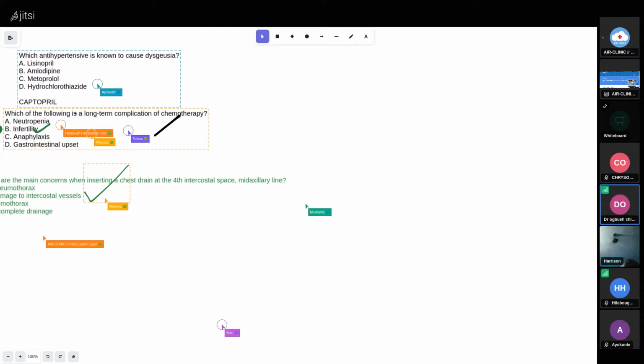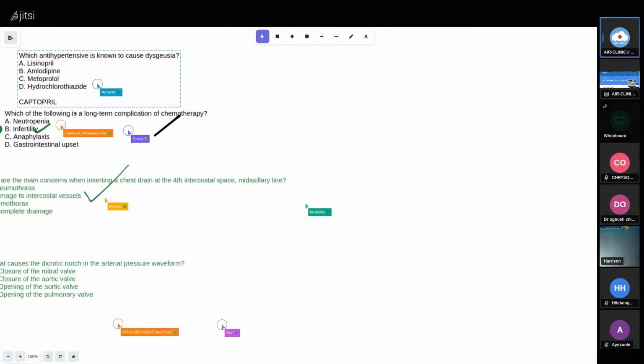The next question here says, what causes the dicrotic notch in the arterial pressure waveform? Closure of the mitral valve, closure of the aortic valve, opening of the aortic valve, opening of the pulmonary valve.